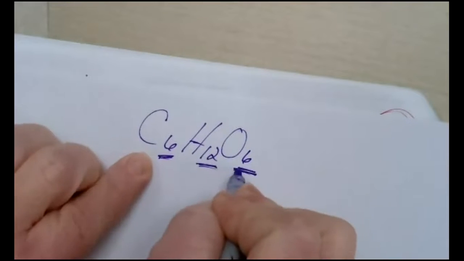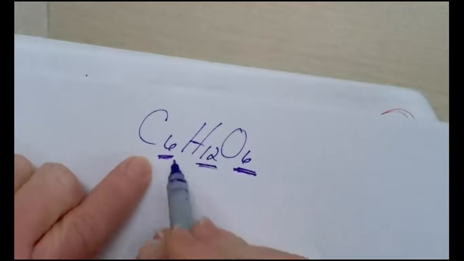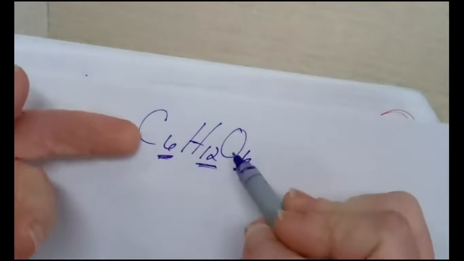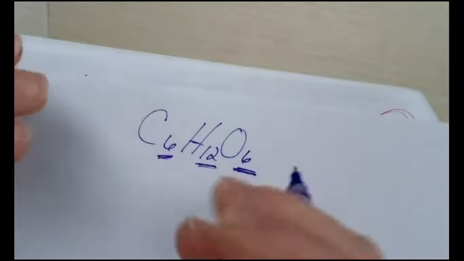Covalent can be empirical or molecular. To decide, we need to examine our subscripts and ask, is there a value that I could divide all of the subscripts by and get a different set of whole numbers? I like that you said, Oscar, simplify it. If you can, then it's molecular.